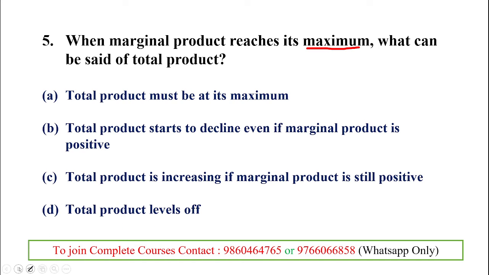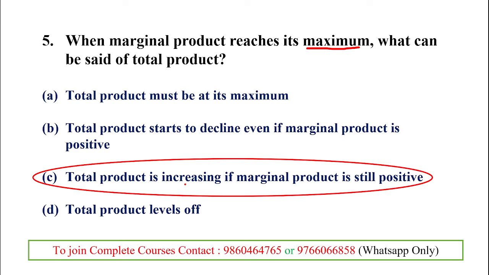The answer is that total product is rising if marginal product is still positive. When marginal product has just reached its maximum, the TP is still rising, until the MP is zero or falling. At that point the TP is diminishing, and after that the MP is negative.